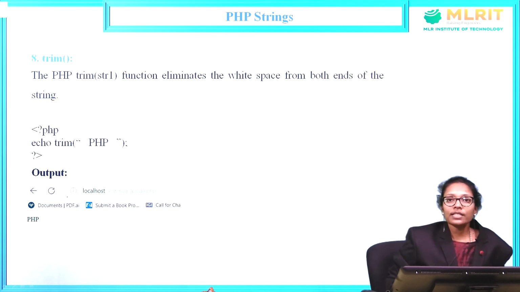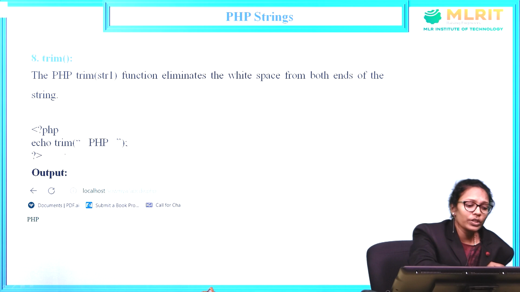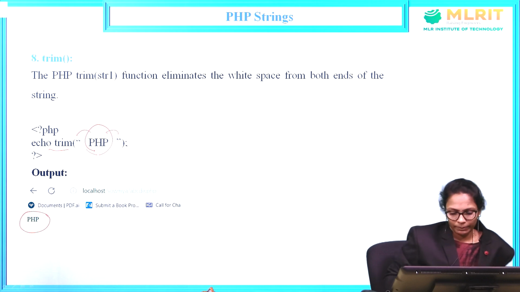Next is the trim function. It will remove unnecessary spaces, before the string or after the string. For this trim function, I am passing the string PHP with some spaces before and after. Then these spaces will be removed in the output.